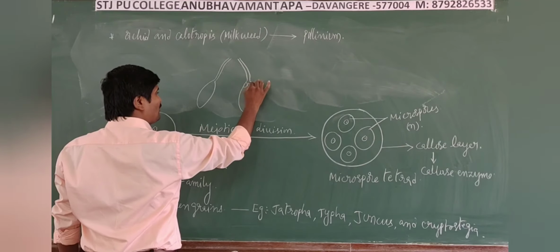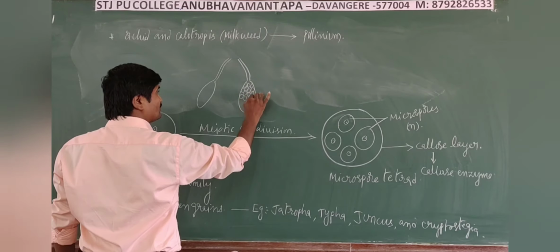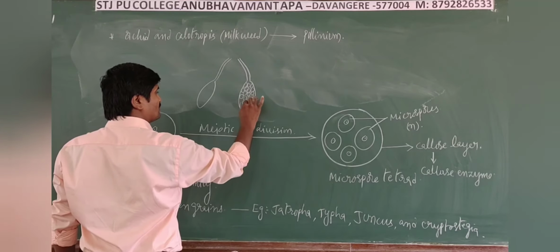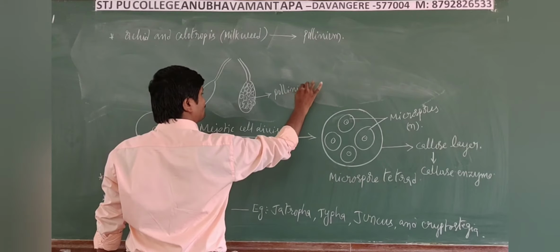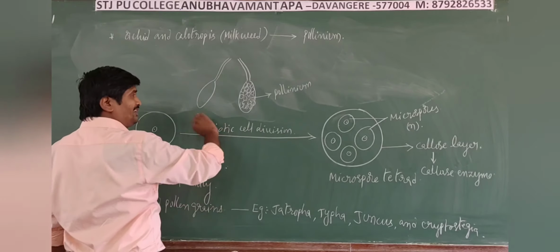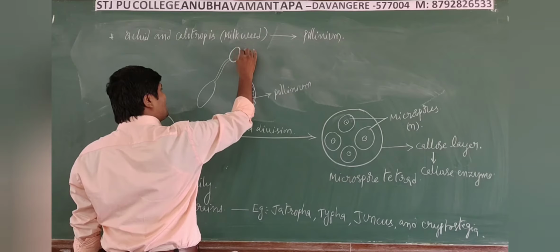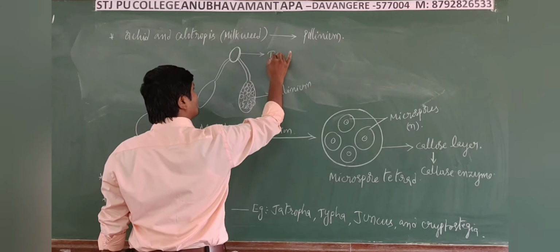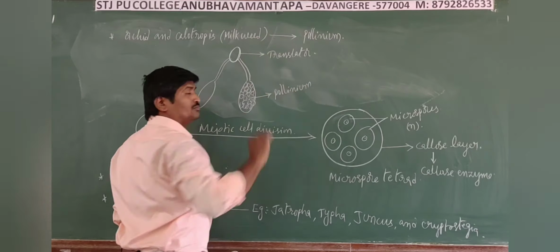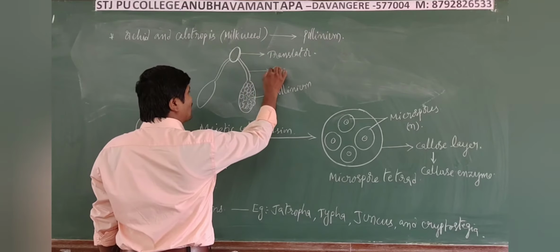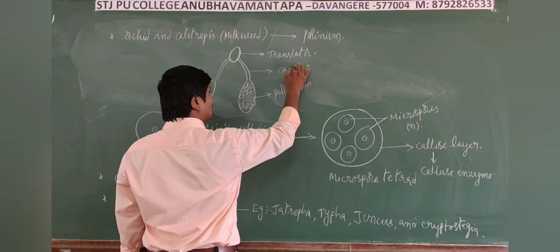These are a group of pollen grains. The pollinia are united by a common junction known as the translator, through a stalk-like structure known as the caudicle.